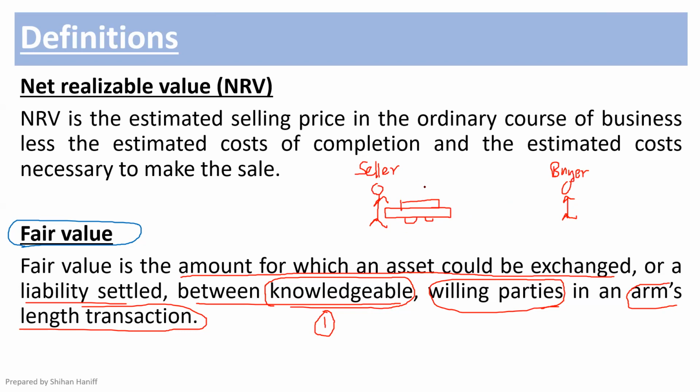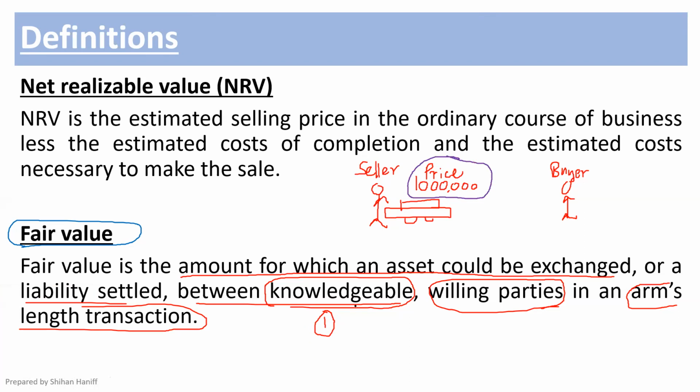Let's say the seller is telling the price is 1 million. Now, to assume this as a fair value, is this a fair value? How to see whether this is a fair value?